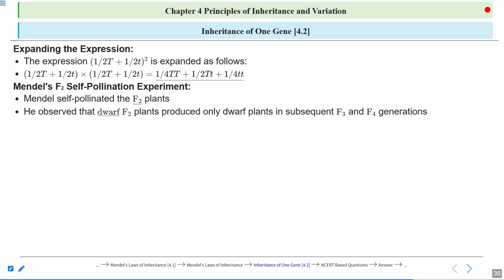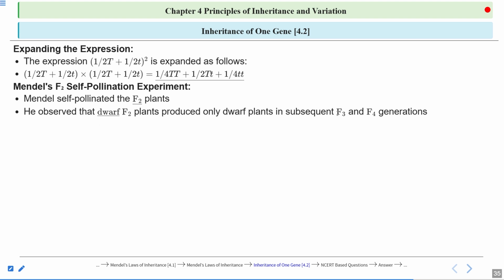Now, again, as we have discussed, Mendel carried out his experiment on successive generations. So Mendel self-pollinated F2 plants also. And he observed that dwarf F2 plants produce only dwarf plants in the subsequent F3 and F4 generations. So what does this mean?